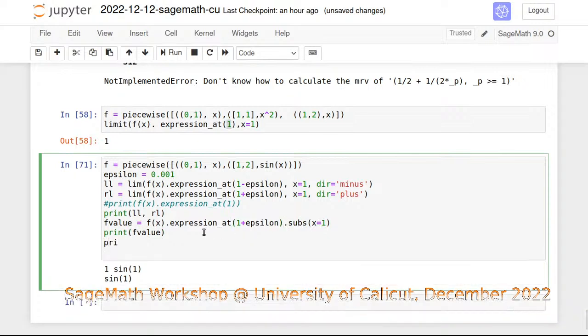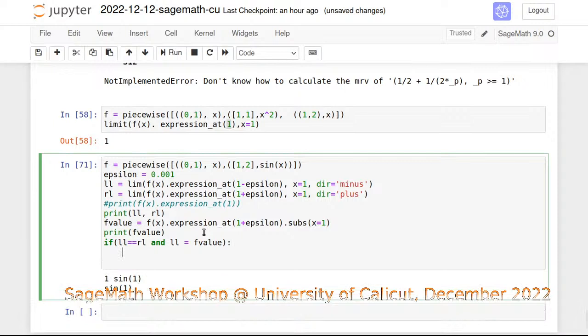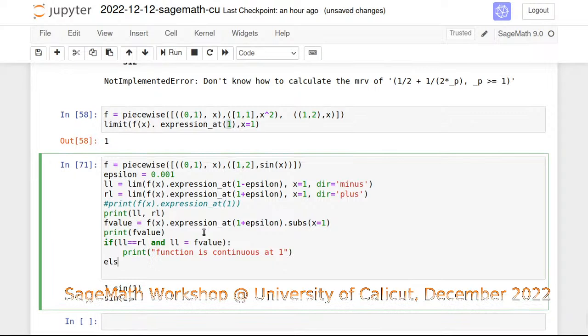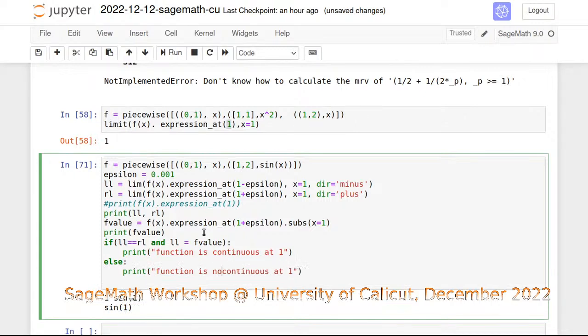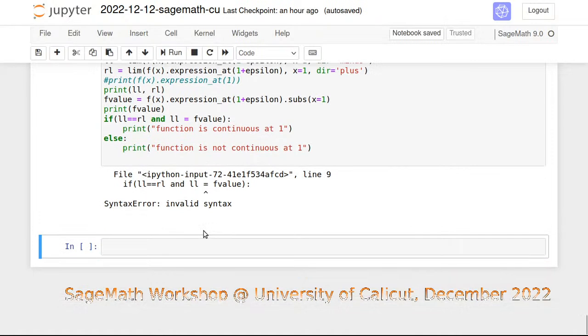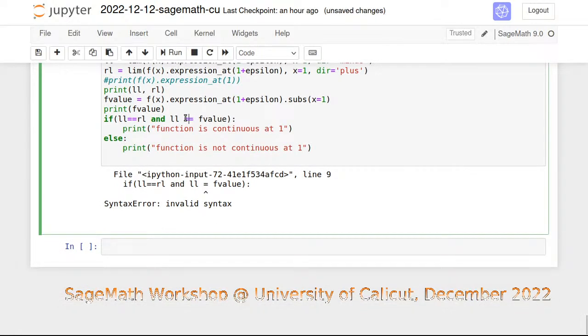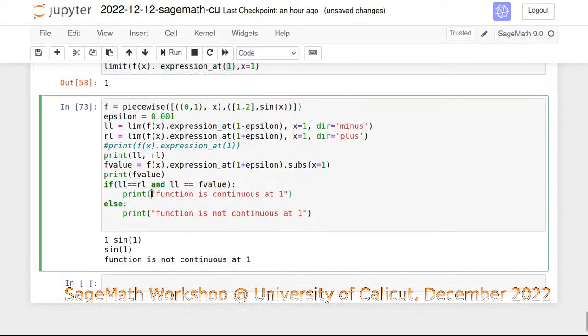So now if all these values are equal, LL equal to RL and LL equal to F value, I will simply print function is continuous at, okay, I have not specified any value here, I have not used any A here, or otherwise else, okay.